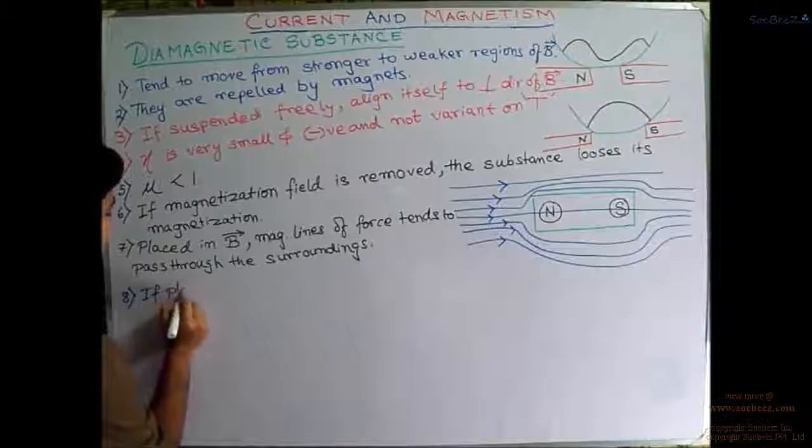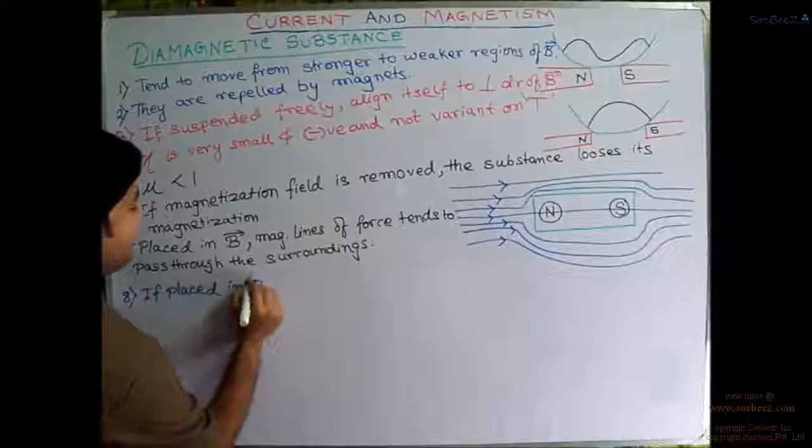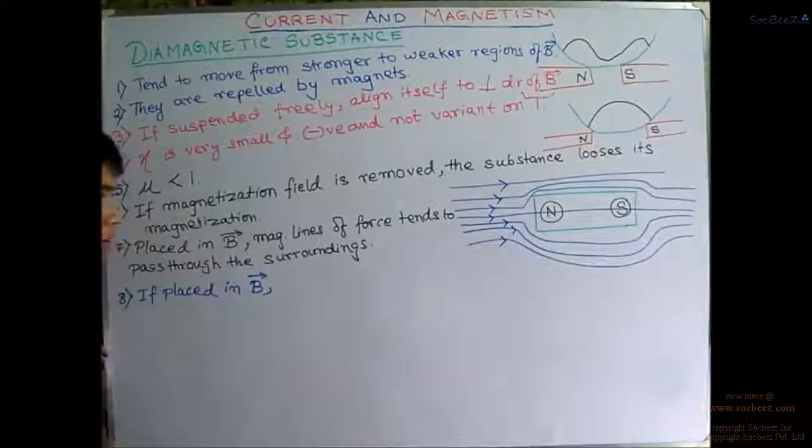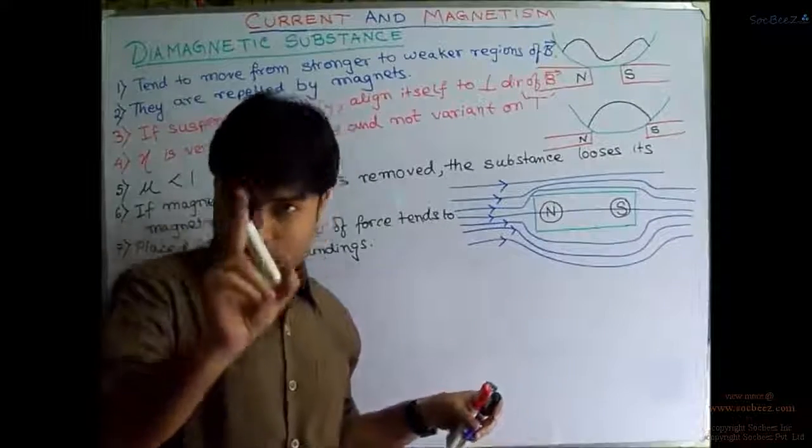So it could be stated as: if placed in a magnetic field, first of all, they develop a weak magnetization, right?